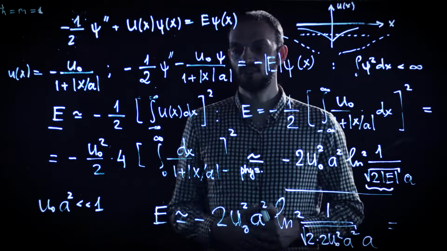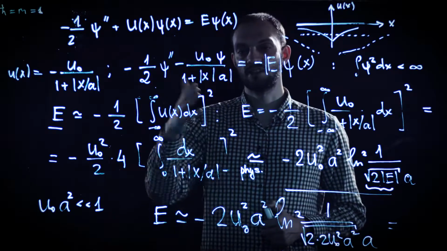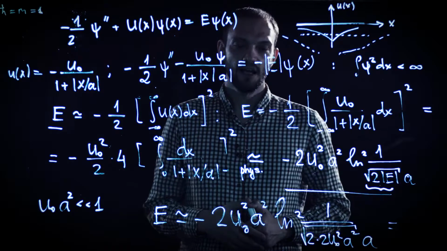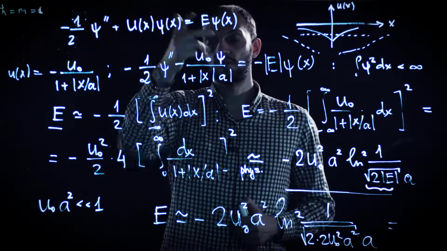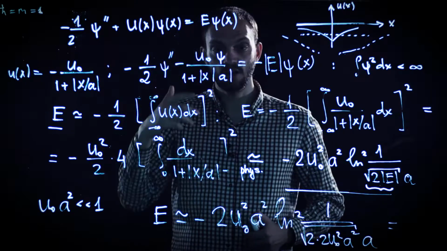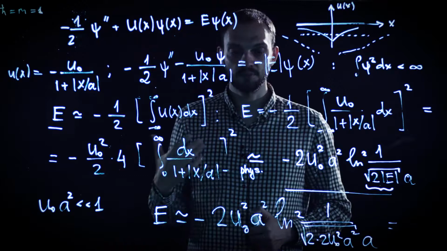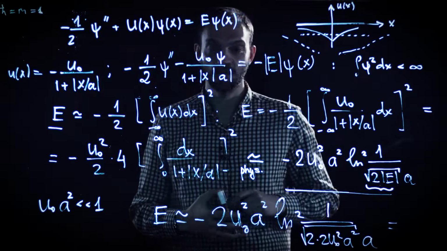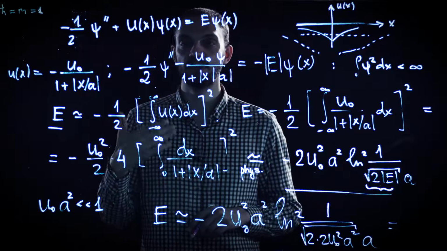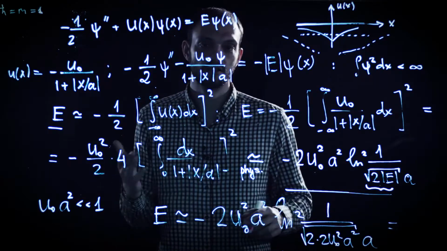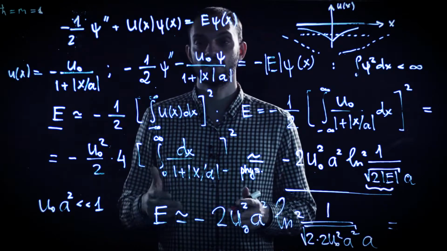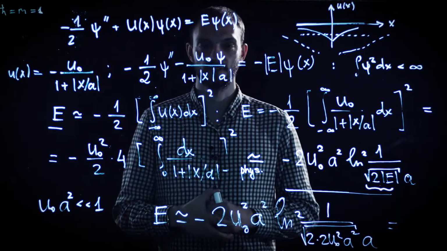So again, just to reiterate, we have used this physical reasoning just to get some guess for the actual result of the solution of the differential equation. And now, armed with this guess, we will do our best to actually solve this differential equation and obtain the spectral equation for energy, and then solve it numerically or analytically in some limits. And this is the goal of the remaining part of this lecture.